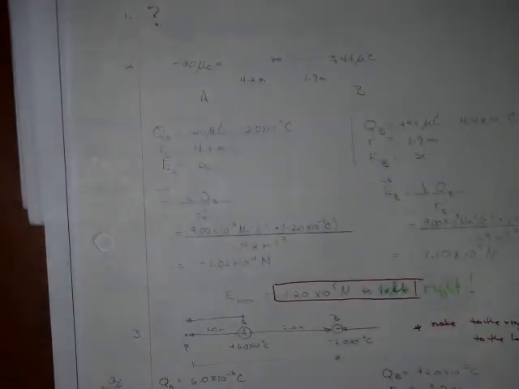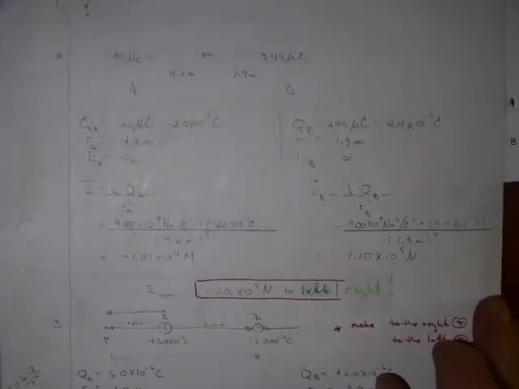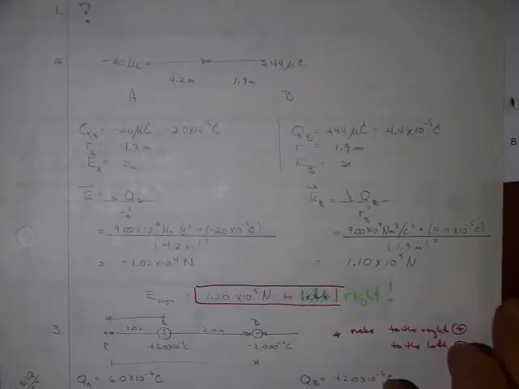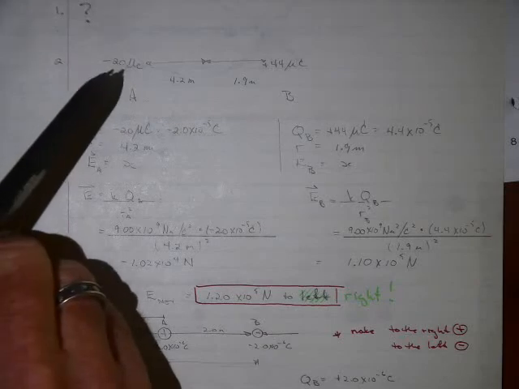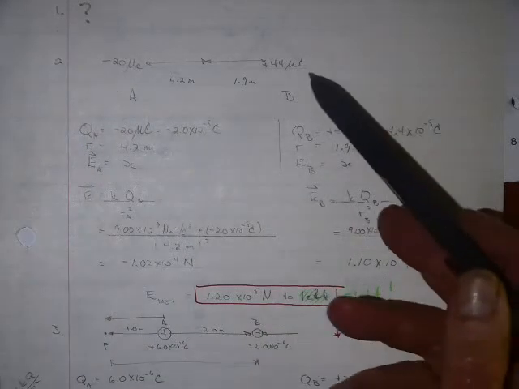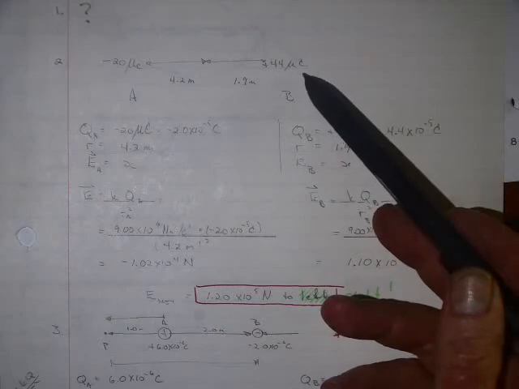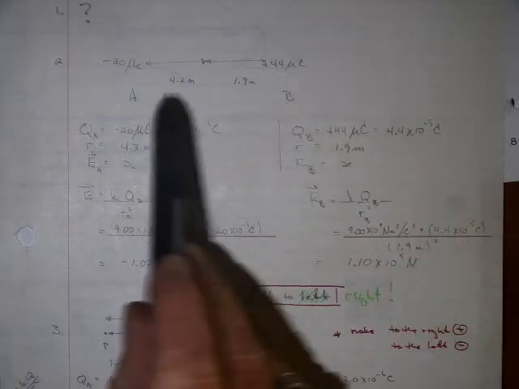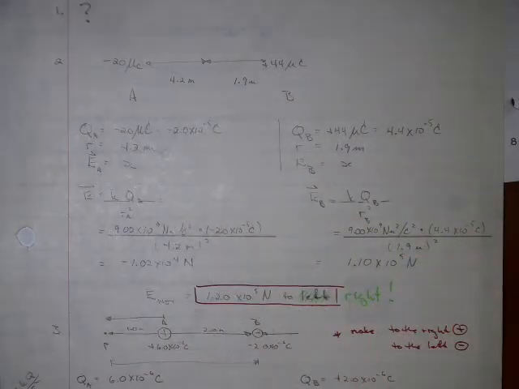So here's the solution. I recommend that you always start by drawing what you have: -2 microcoulombs here, plus 44 microcoulombs here, distance of 4.2 and 1.9.